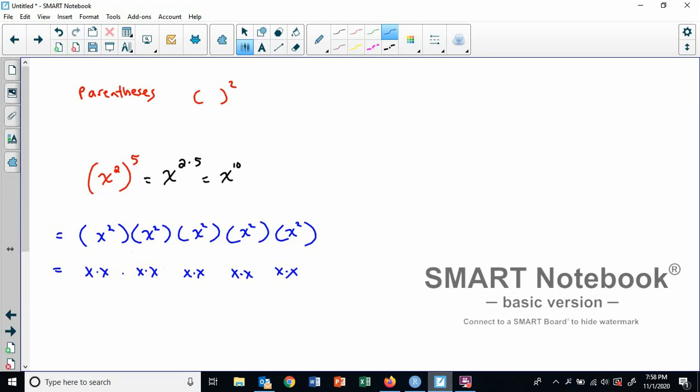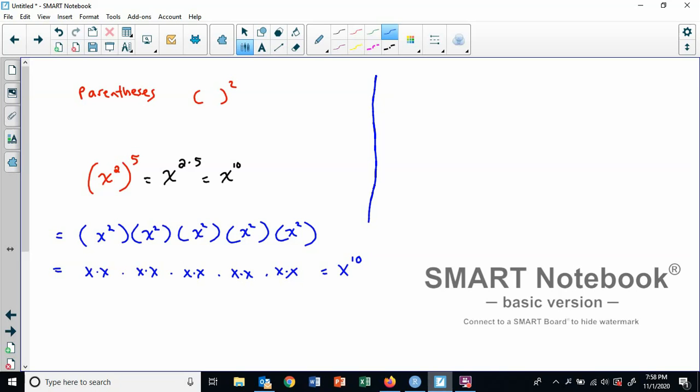And if we're looking at multiplying all these things together, how many x's total do I have? That comes out to x to the 10. Or you could say 5 groups of 2, that's 10. That's 2 times 5 or 5 times 2, right? So the rule tells us that I multiply. Exponents on the inside of the parentheses get multiplied by exponents on the outside.